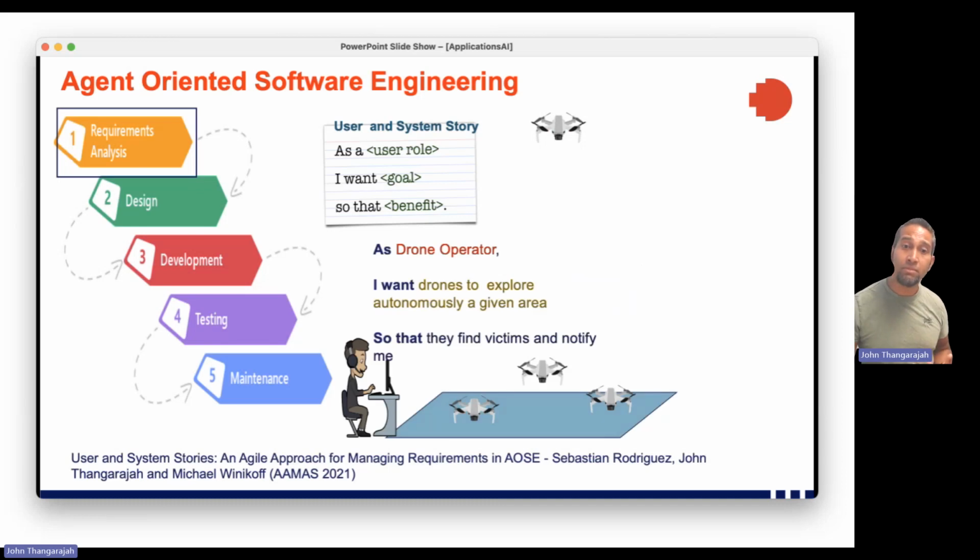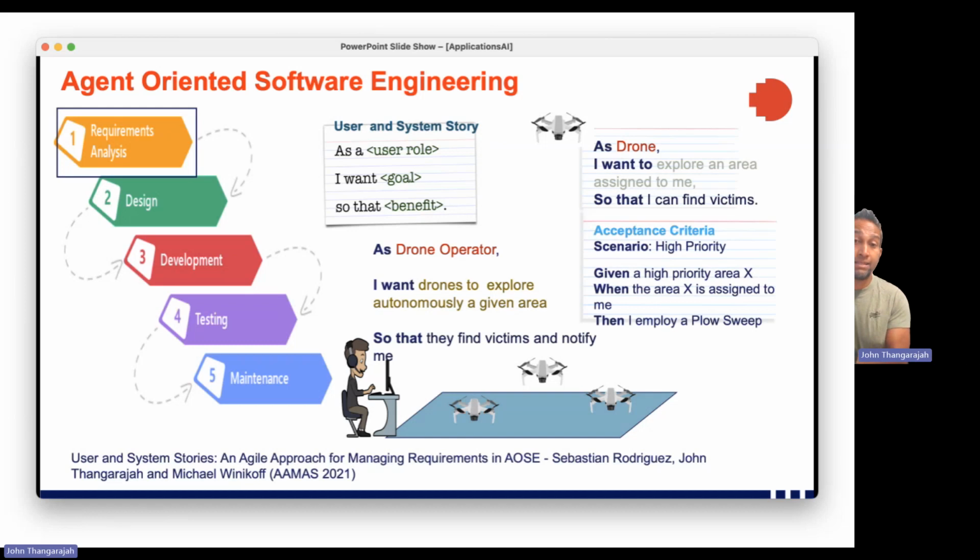But in terms of the requirements, we use an approach called user and system stories. Again, it's from agile, mainstream software engineering. Basically, as a drone operator, I want drones to explore autonomously a given area so that they can find victims and notify me. So that's a particular use case, a user story here for a drone operator, right?